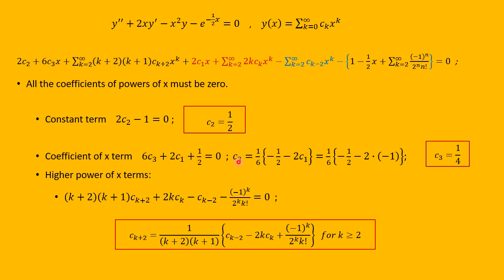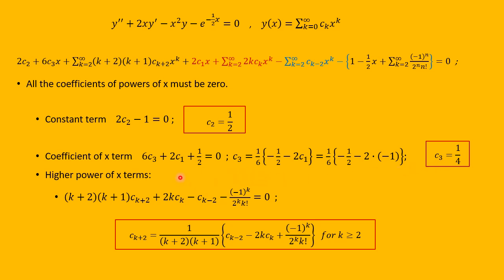And solving this for c sub 3, just subtract these two terms from both sides, then divide both sides by 6. So c3 equals this stuff. But let's remember that c sub 1 we found out by initial condition was minus 1. So we substitute that in, simplify, we get c sub 3 has to be 1/4.